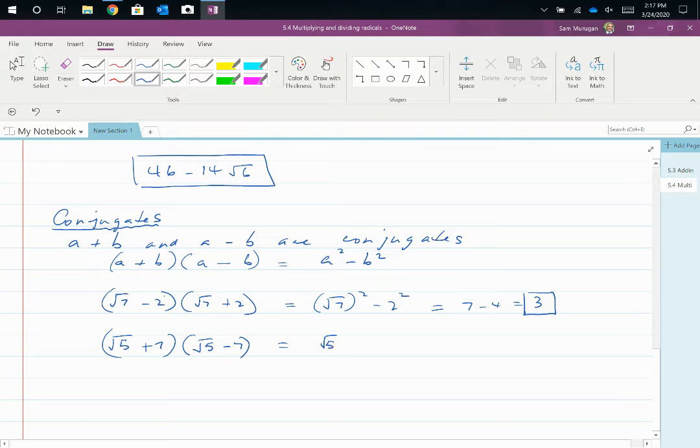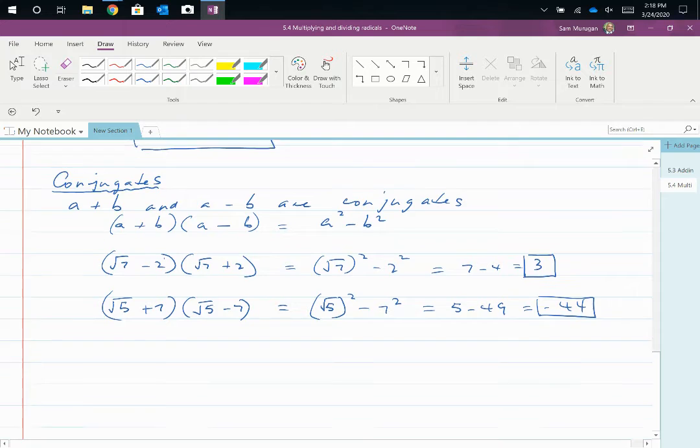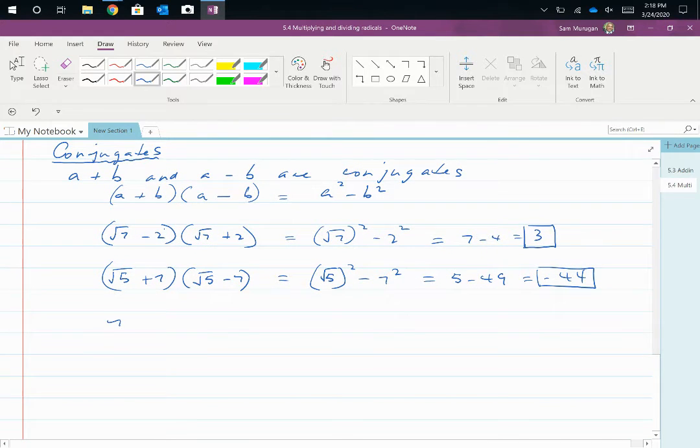So this is the square root of 5 squared minus 7 squared, which is 5 minus 49, or negative 44. 7 plus the square root of 2 times 7 minus the square root of 2 is 7 squared, minus, the sign is always minus here, minus square root of 2 squared, which is 49 minus 2, or 47.